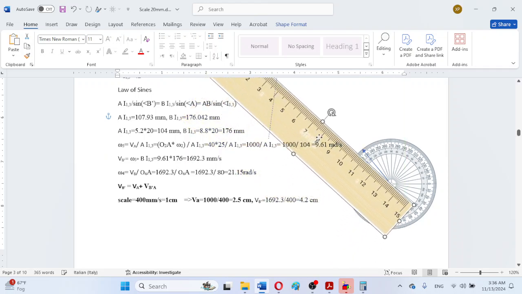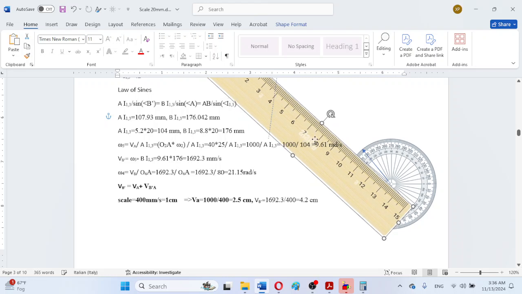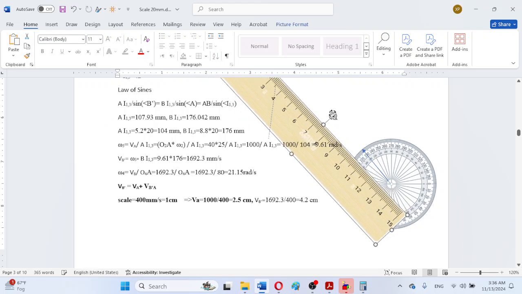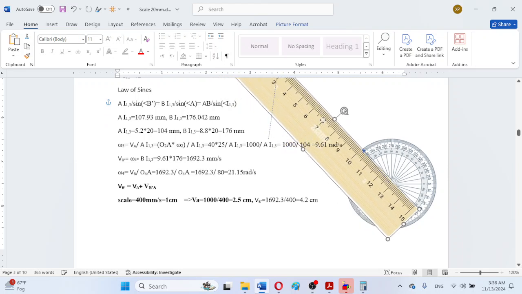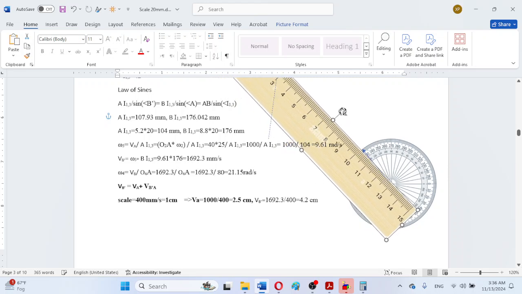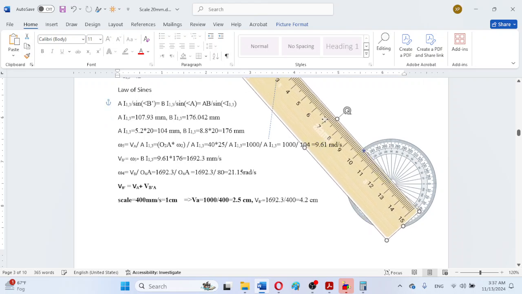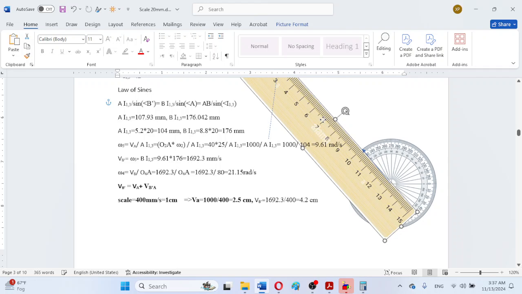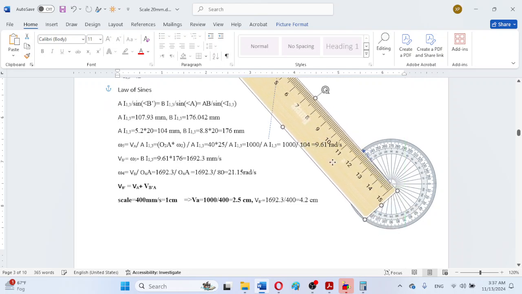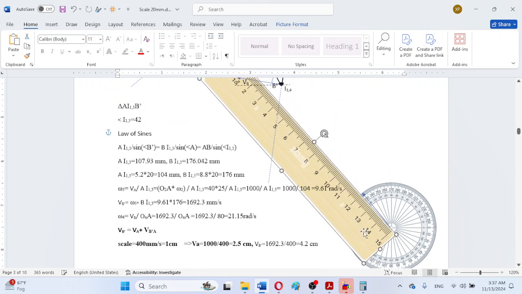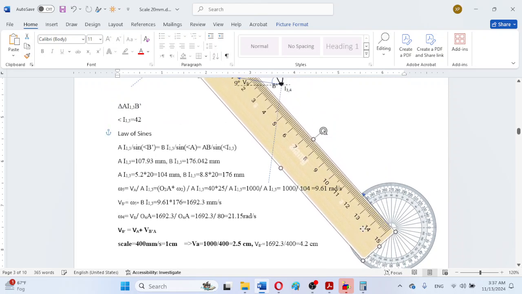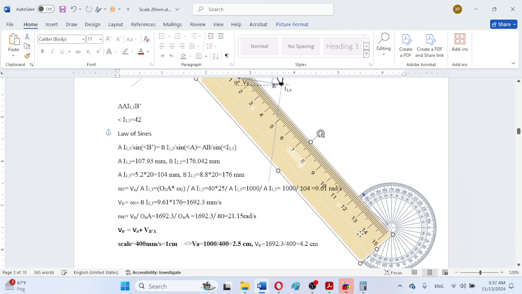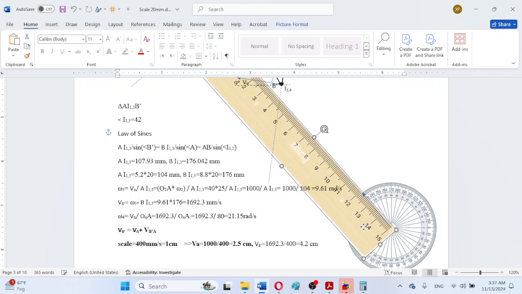So now place the scale parallel to it like this. Now we can move it, and here, for example, we can just approximate.